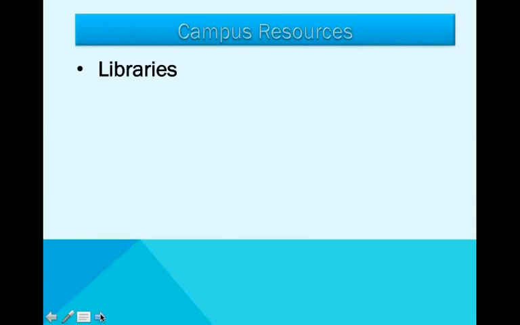Often you have many libraries on your campus, so depending on your major, you may spend a lot of time or no time in libraries. It very much depends on what kinds of courses you're taking. But this is the number one place for you to do research and find resources and information regarding a topic, whether it's a research paper or additional information on your major or other areas of study. Libraries are the best place to go.